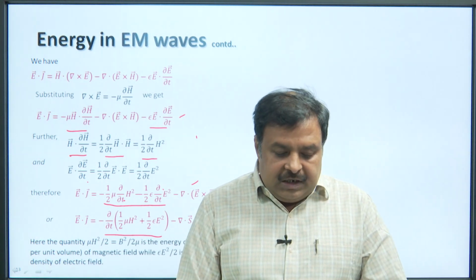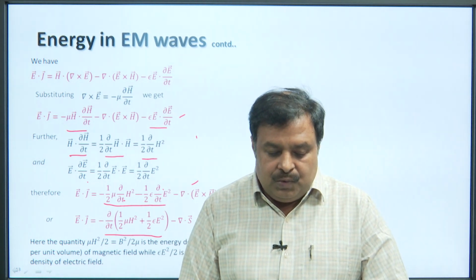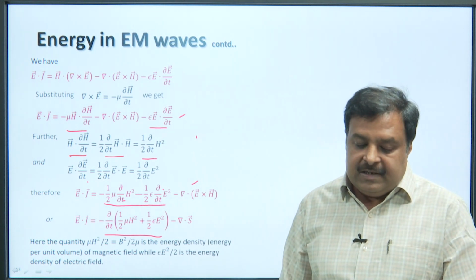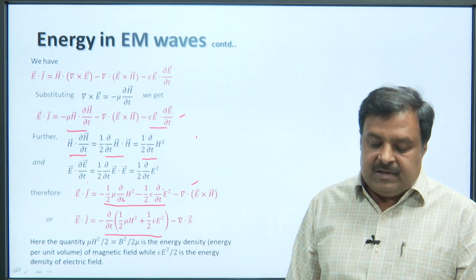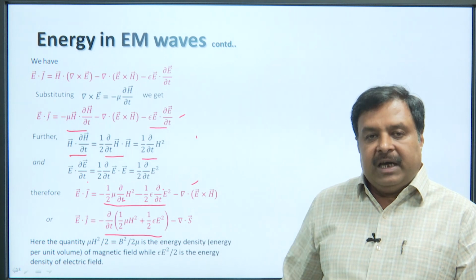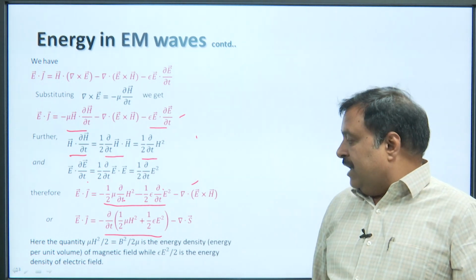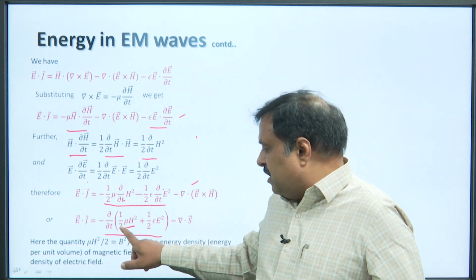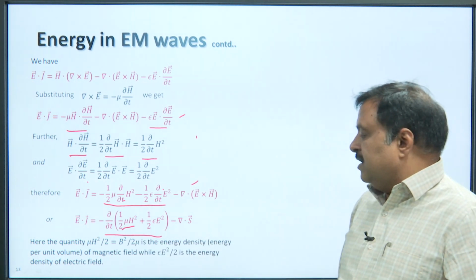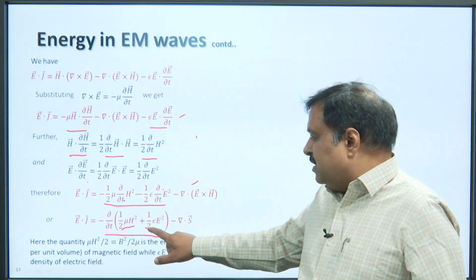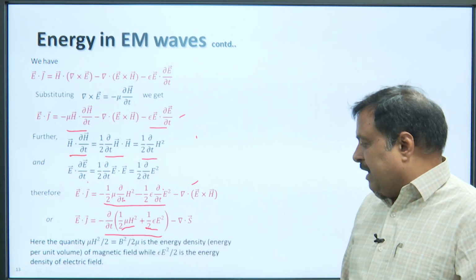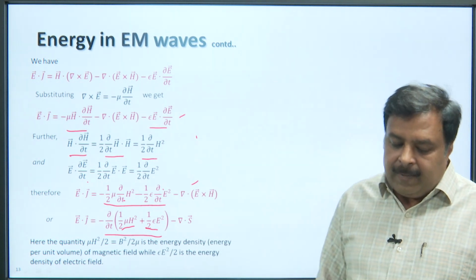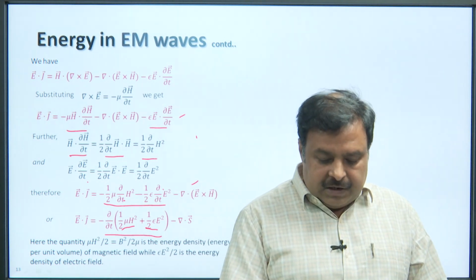So, here the quantity mu H square by 2, equal to B square by 2 mu, is the energy density. Energy density means energy per unit volume of magnetic field, while epsilon E square by 2 is the energy density of electric field.